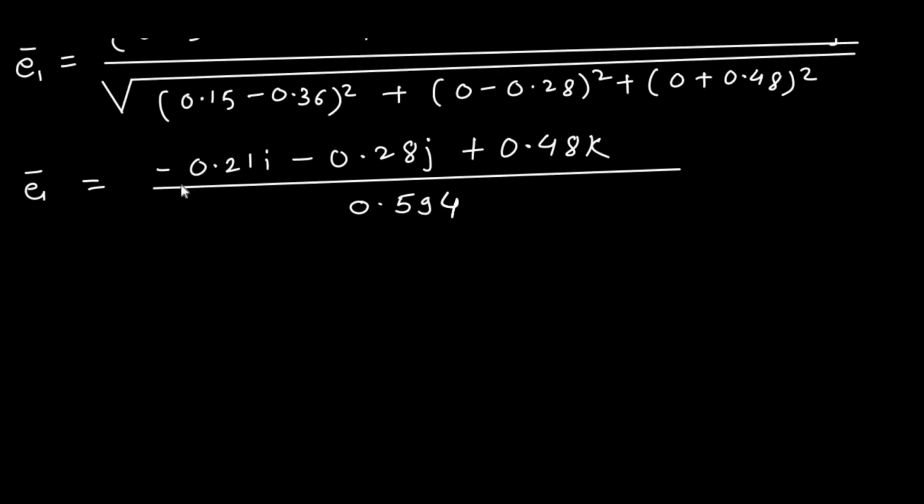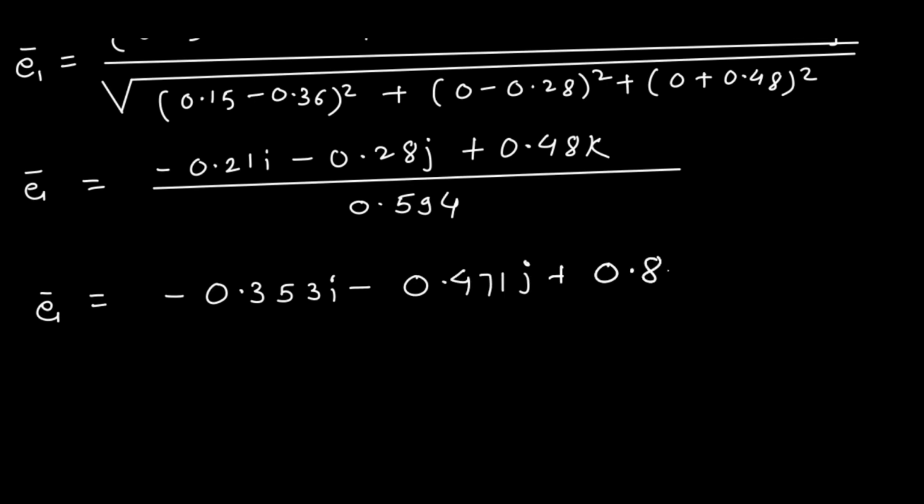So I will divide all this expression by 0.594. After dividing this quantity by 0.594, I am getting E1 vector equal to minus 0.353i minus 0.471j plus 0.808k.